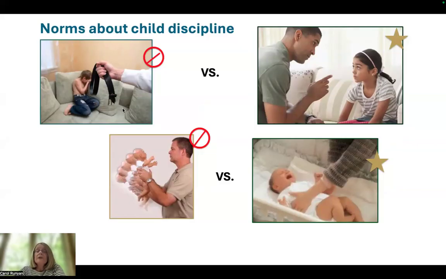Do we use a belt to thrash a misbehaving child, or do we take them aside and talk to them instead? Do we shake a crying baby? No, that can cause serious brain damage and death, versus just putting them aside in a safe place and walking away and letting them cry it out.